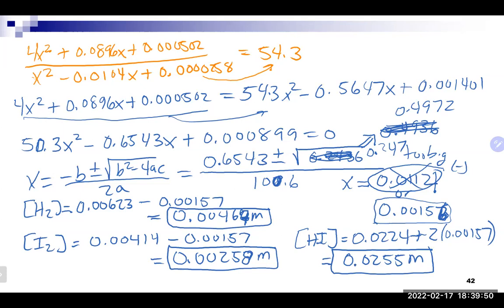And 0.0224 plus 2 times 0.00156 gives 0.0255, so not too bad on that one there. Sorry about that. That should be a 6, and that obviously should be a 6 and a 6. So that's a good reason why I don't round too much along the way. So very close there to where we got. You see, even I screwed up, to be honest with you. It happens occasionally.